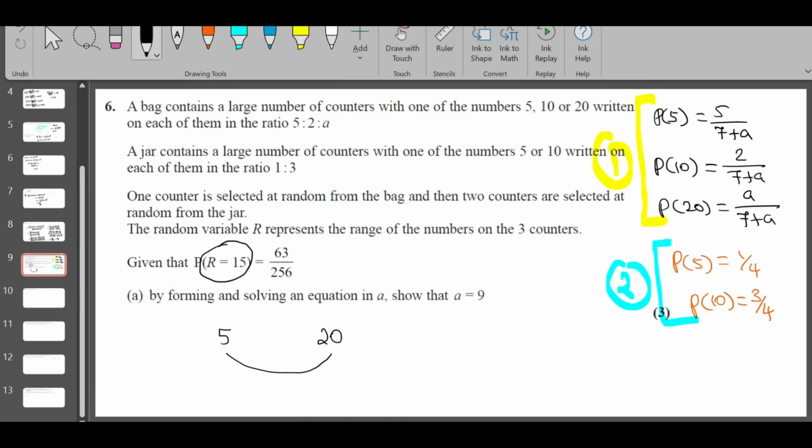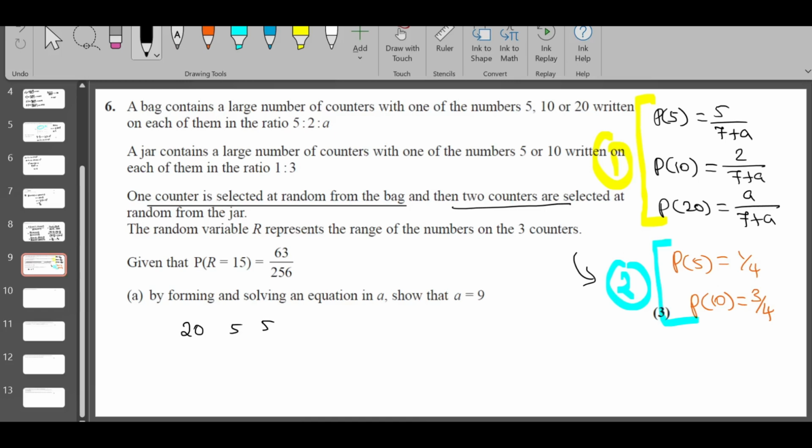Okay, so we are taking 3 counters and you need to have a number 5 and 20 in it. Now, listen to me carefully. We are taking 1 counter from the bag. So it has to be 20, right? And then we are taking 2 from the jar actually. So it can be both 5, 5.